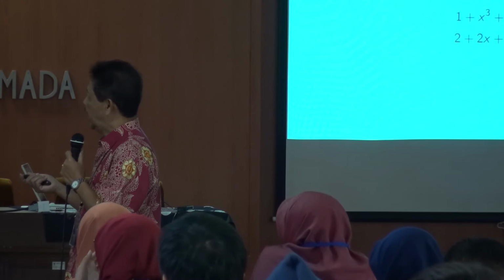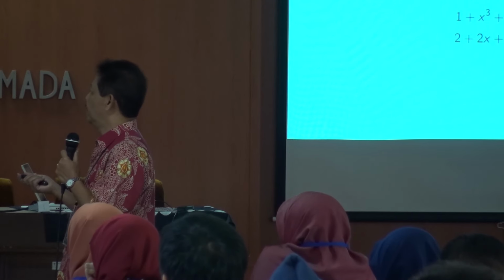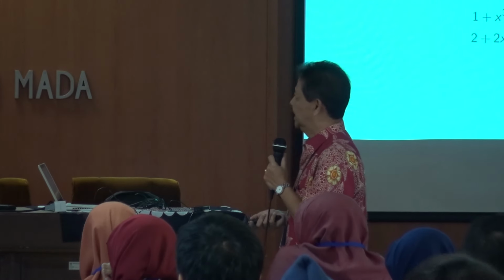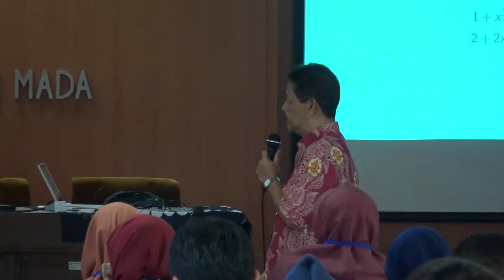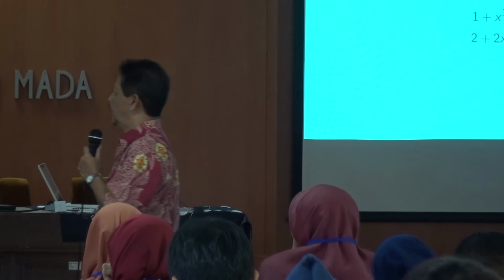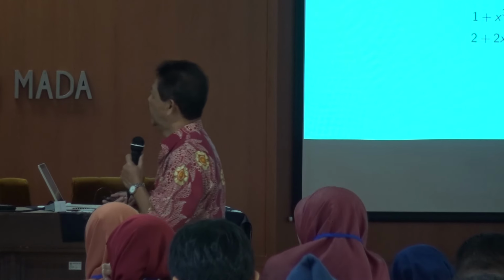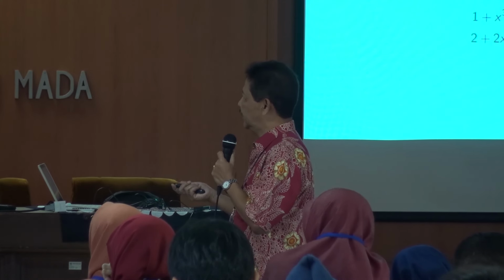Here f(x) is x to the 5 minus 1. In F_31, that is, the base field is a field of 31 elements, x to the 5 minus 1 can be written as this.